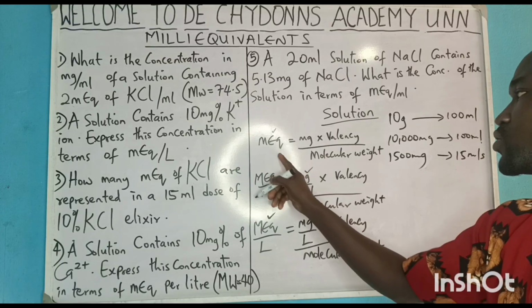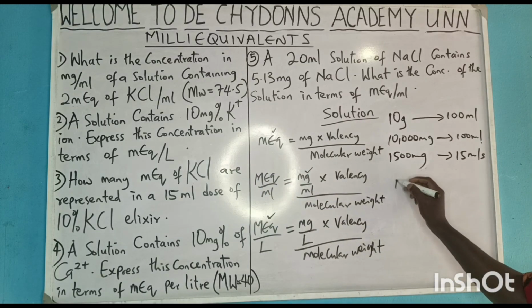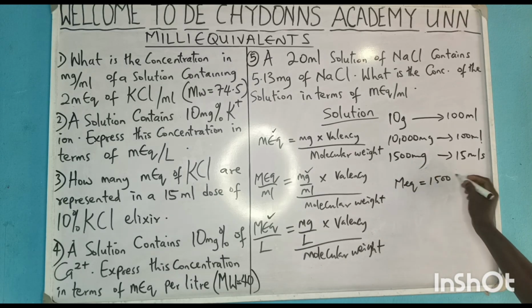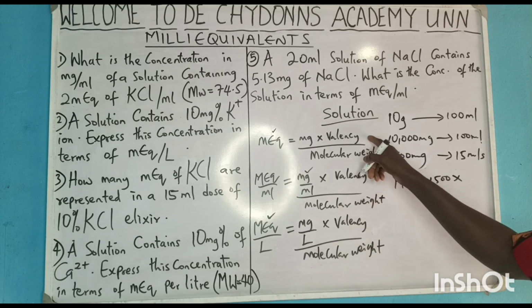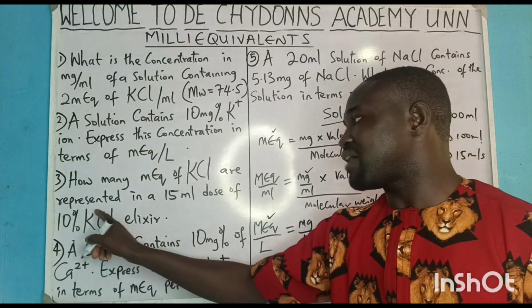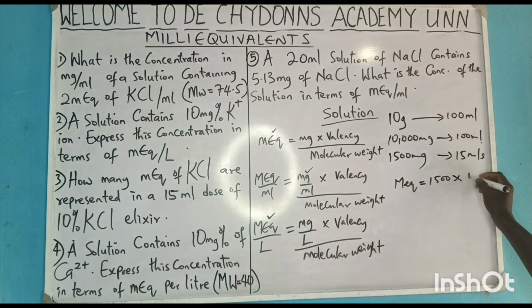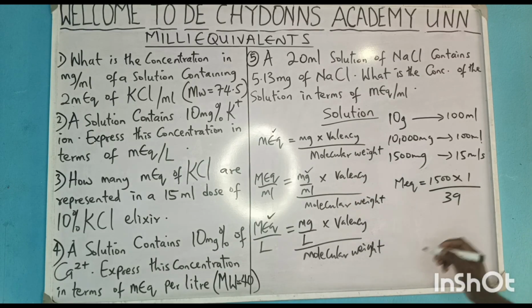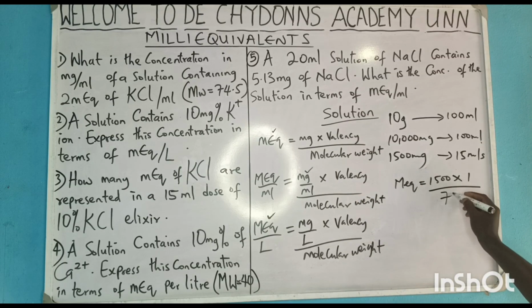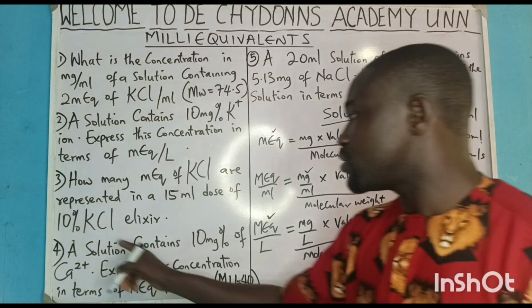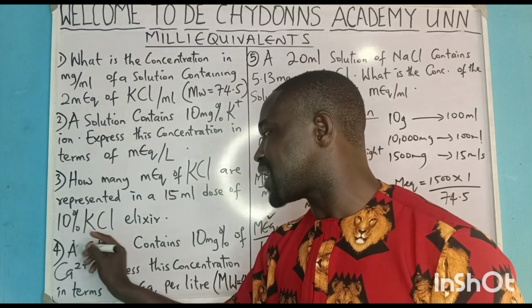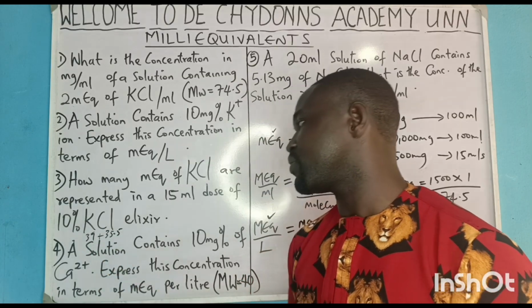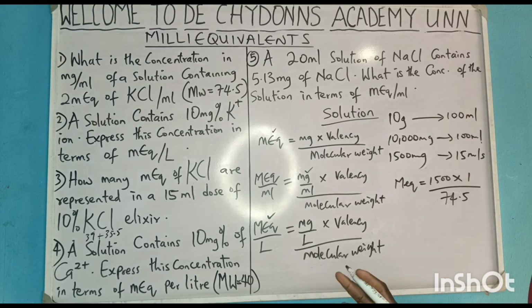Now, as I have given you 1,500 milligram, I will use this formula because this formula is looking for milliequivalents only. So I'm looking for milliequivalents equals 1,500 times the valency. This is KCl, the valency is 1, so we take 1 all over the molecular weight, which is 74.5, because the atomic mass of potassium is 39 and for chlorine is 35.5.